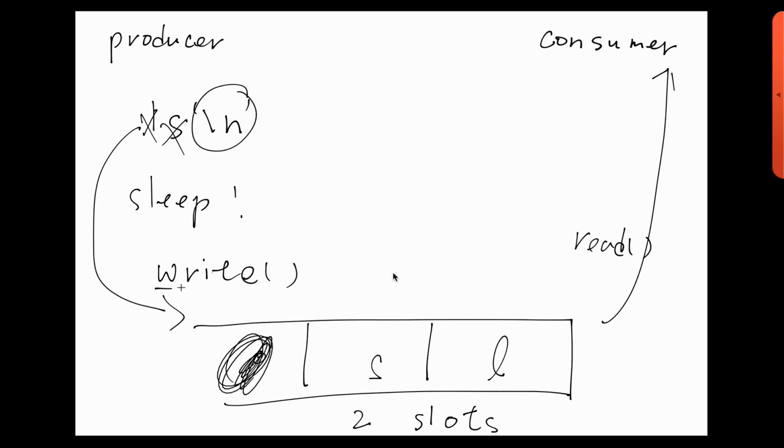And how is the write system call penalized? You try to write something, but the buffer is using up the first slot and second slot. So how to penalize that? Very easy. The kernel doesn't let the system call return. It just doesn't return.